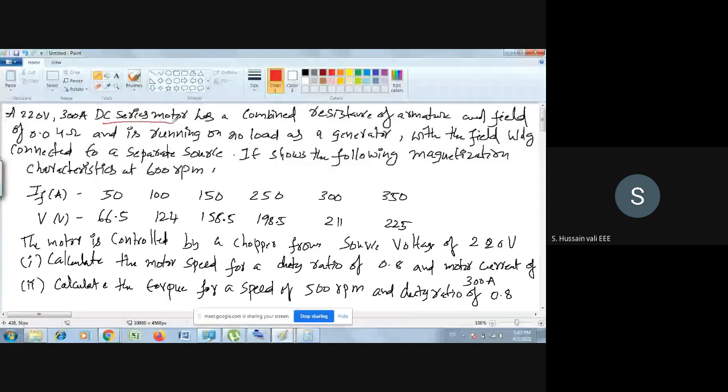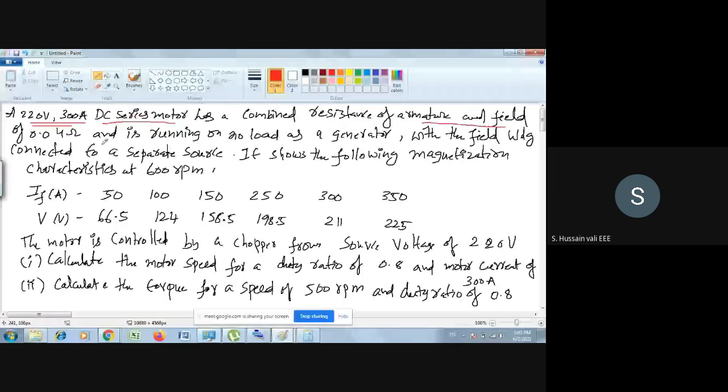A 220 volt, 300 ampere DC series motor has a combined resistance of armature and field of 0.04.